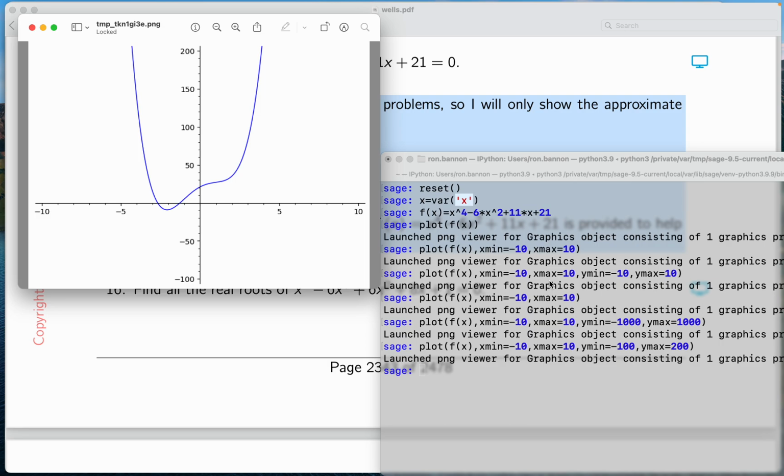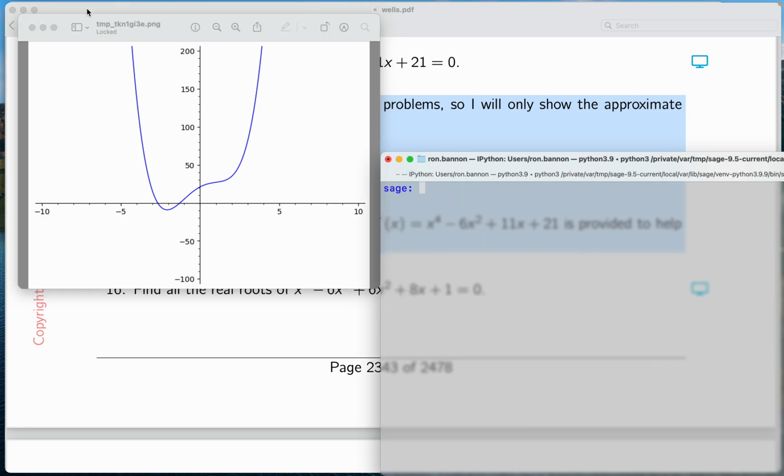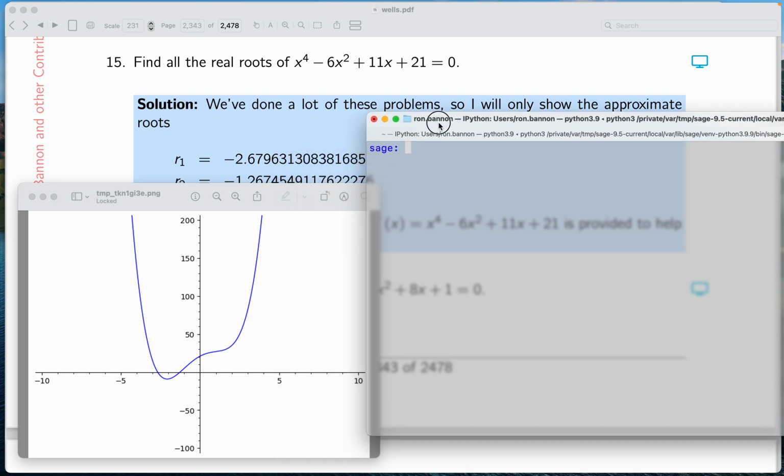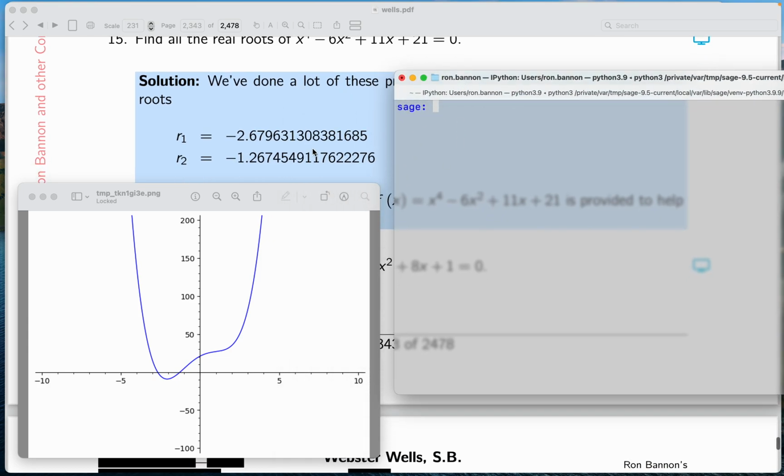Let me go back to my Sage, clear. And I'm looking at my picture. And I want to get the roots. And so I want to get these roots over here. And looking at it, I want to point out, it's kind of easy to count. -1, -2, -3. So I'm going to say the first root is between -3 and -2.